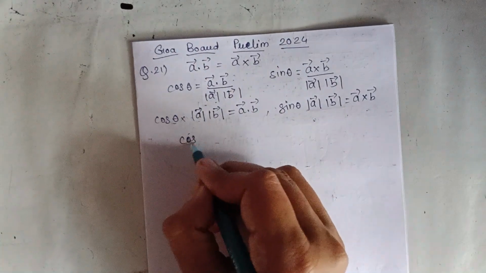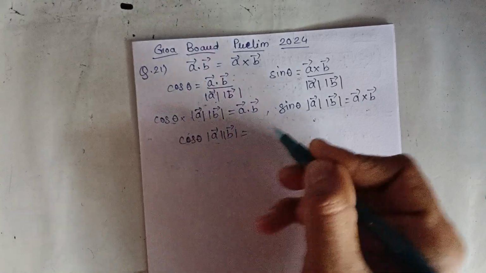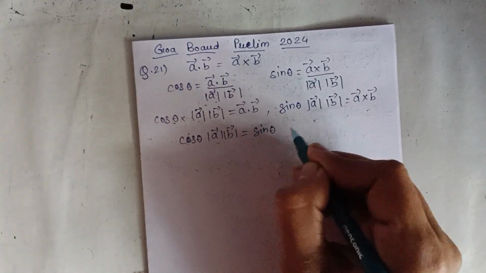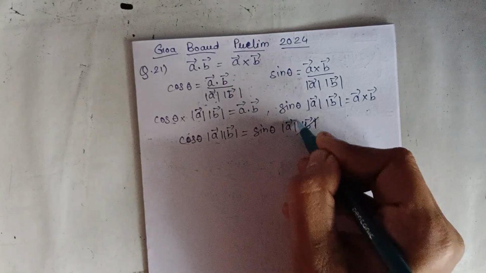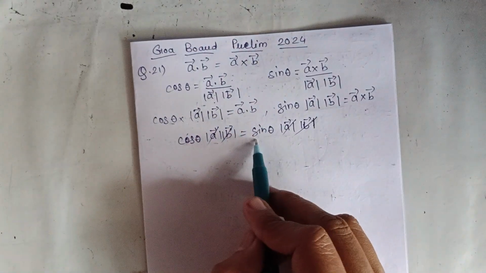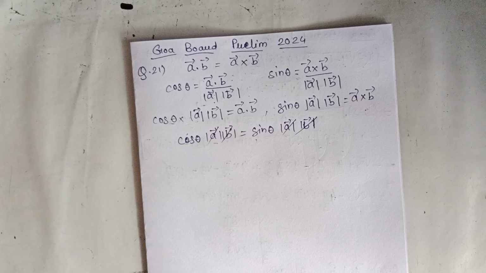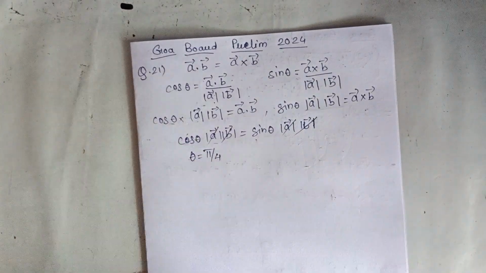That is cos theta is equal to, okay, so we can cancel out this. So we get cos theta equal to sin theta, and we know the value of theta for which cos becomes equal to sin, that is pi by 4, right? Sin pi by 4 is 1 by root 2, cos pi by 4 is 1 by root 2. So theta is pi by 4, which is 45 degree.